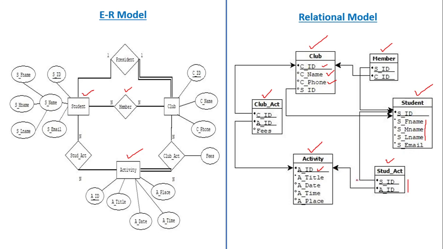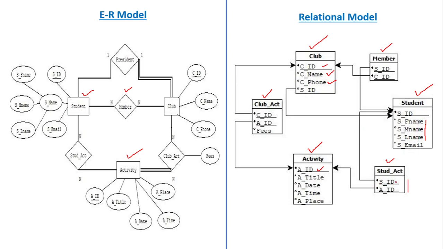So SID is borrowed from the student table. So from SID in the stud act relation to SID in student, there should be one directed link. So this link will go from stud act SID to student SID.